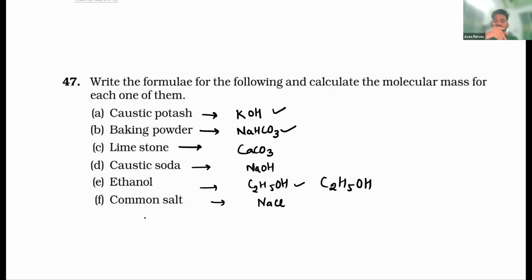You have to take it 3 times. Do it like the previous one. Na is one atom, hydrogen is one atom, carbon is one atom, and three oxygen atoms. So 1 into 23 plus 1 into 1 plus 1 into 12, and then 3 oxygen atoms, 3 into 16. Add all these and we'll get the answer.